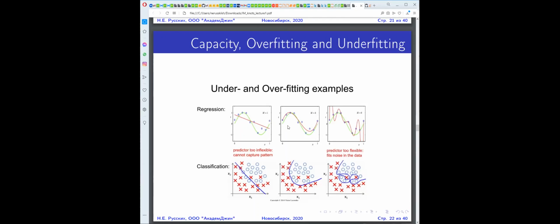If we increase the degree, we're getting closer to the desired function, and this is what we would like to observe.